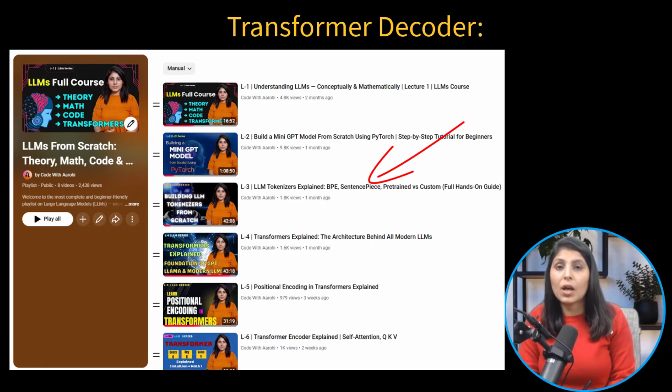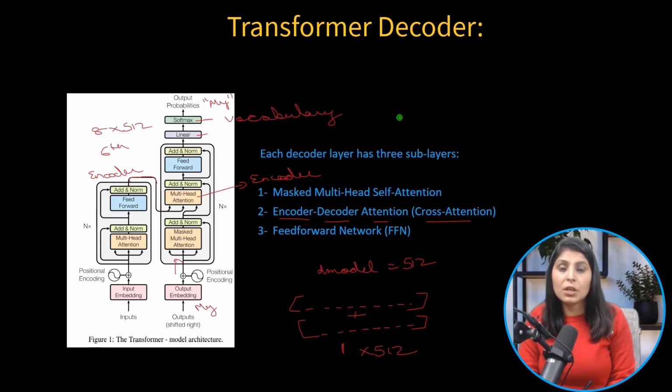Vocabulary simply means how many unique tokens your model knows. At this step, the softmax activation function will provide the probability values for the vocabulary. Suppose you have 50,000 unique tokens, then softmax will provide a probability value for each of these tokens, and the token with the highest probability will become the next predicted token.